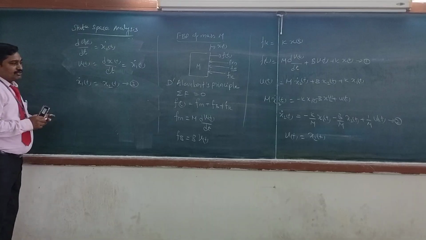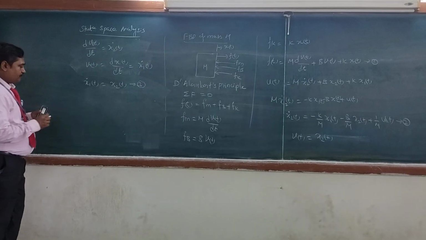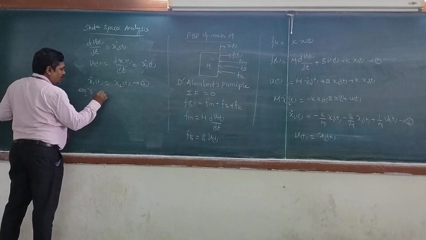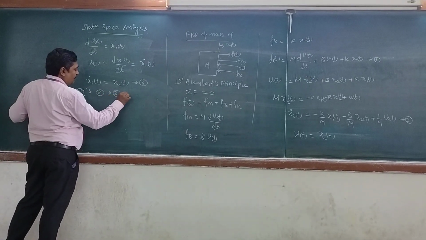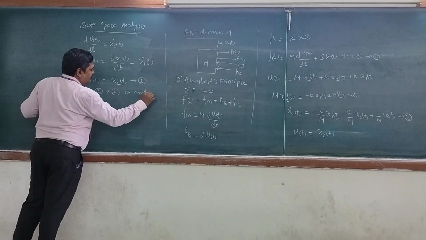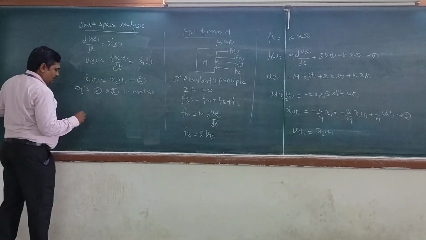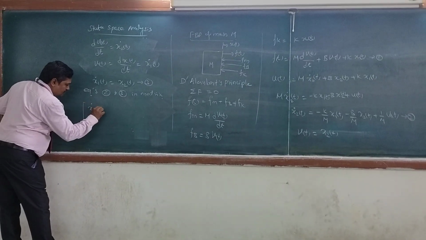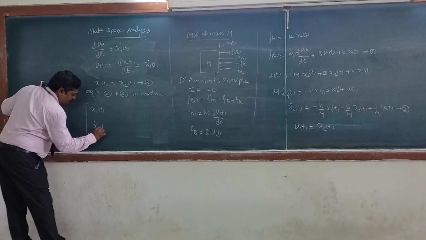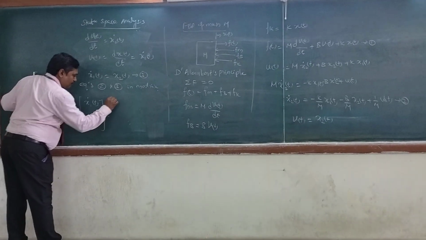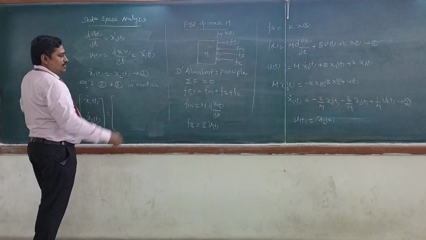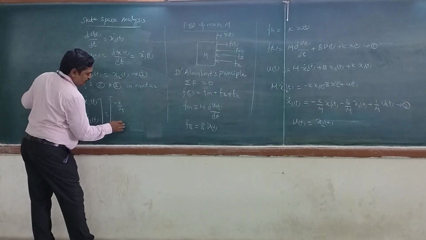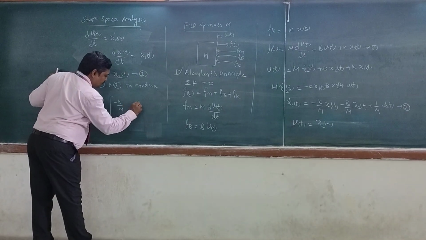Now write equations 2 and 3 in matrix form. What do you get? x1 dot of t, x2 dot of t. From equation 2, the x1 coefficient is minus k by m and the x2 coefficient is minus b by m.